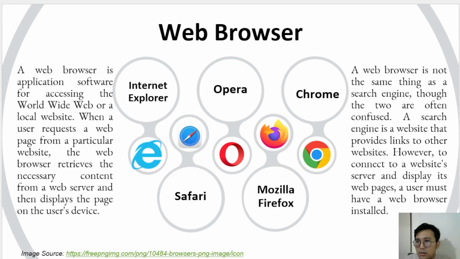When this process happens, the users, in simple terms, request a web page from a particular server or website, and the web browser retrieves the necessary content from a web server and then displays the page on the user's device. So a web browser is not the same thing as a search engine.